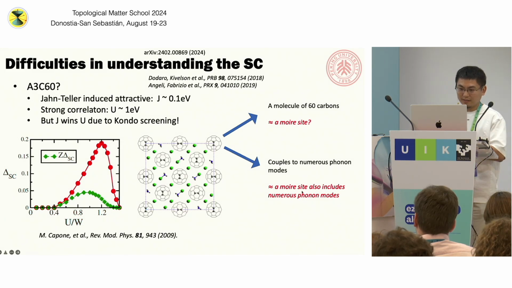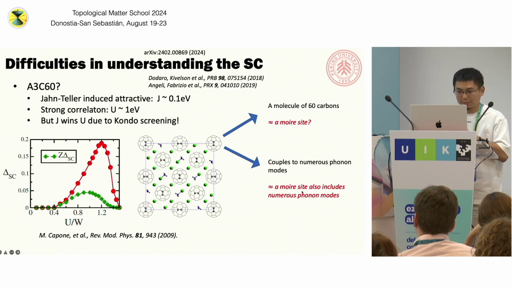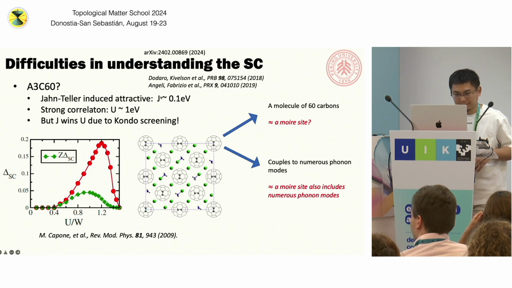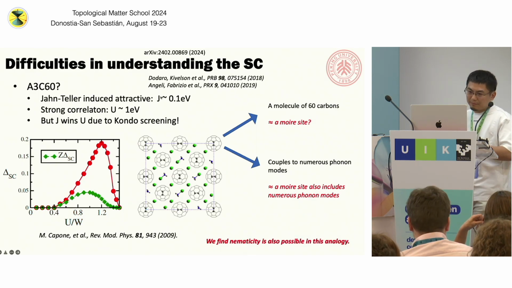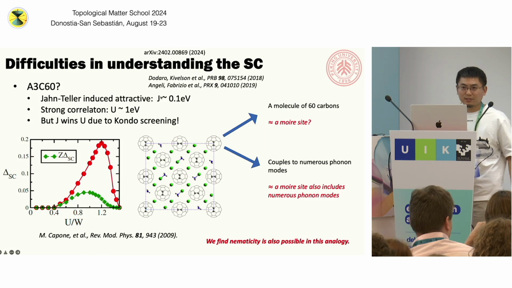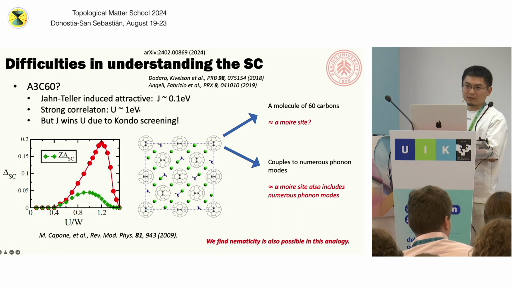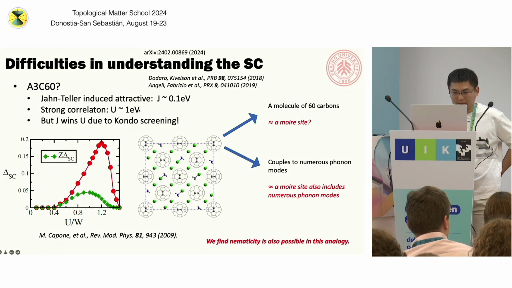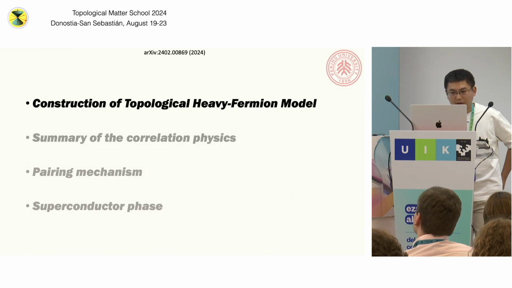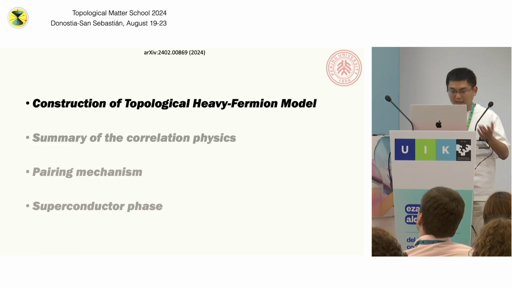And second, in a moiré unit cell, there are many atomic vibration modes, phonon modes that couple to the electrons, and they may give rise to an attractive interaction like g. But in fullerides, the pairing symmetry is s-wave. But we found that in twisted bilayer, the analog could give a p-wave or d-wave like pairing and explain the nodal phase. Okay, so that's a motivation.